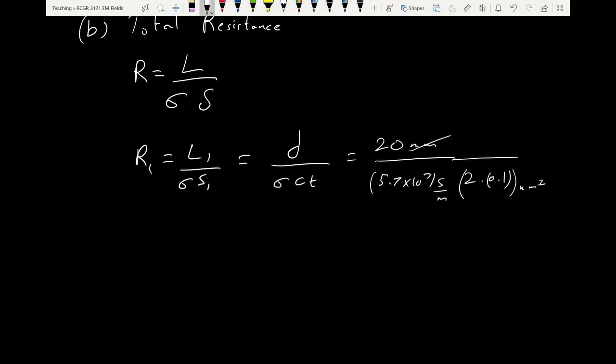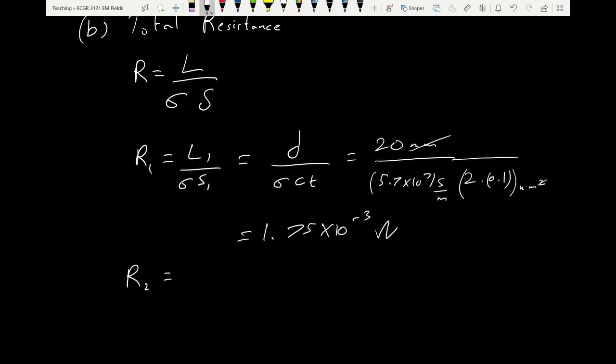Millimeter cancels with one of the millimeter squares, and I end up with the inverse of Siemens, which is ohms. It turns out to be 1.75 times 10 to the power minus 3 ohms.